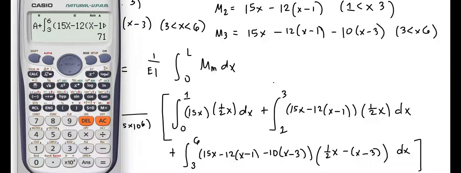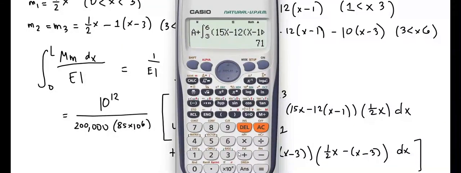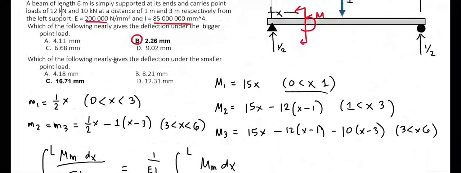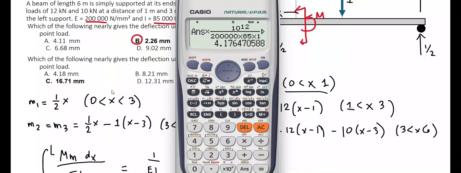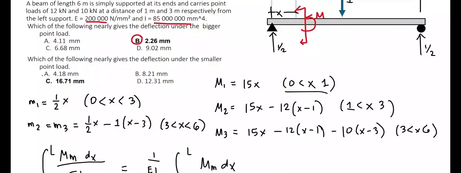For the value of this integral, we multiply this by 10 raised to the power of 12 divided by the flexural rigidity of 200,000 times 85 times 10 raised to the power of 6. We get our final answer that is equal to 4.18 millimeters, which is letter A.